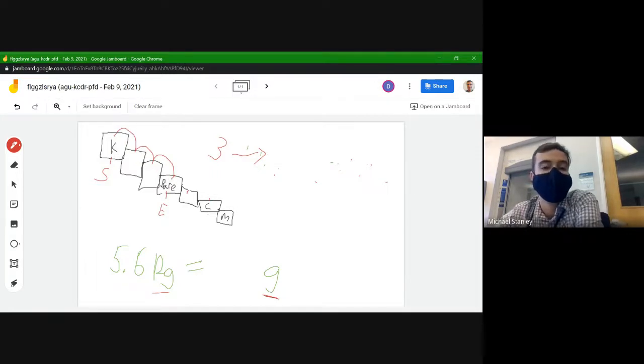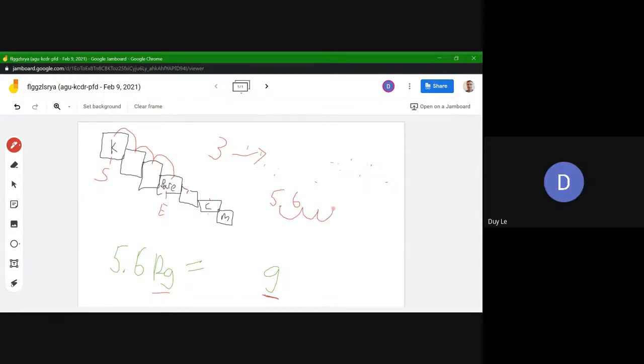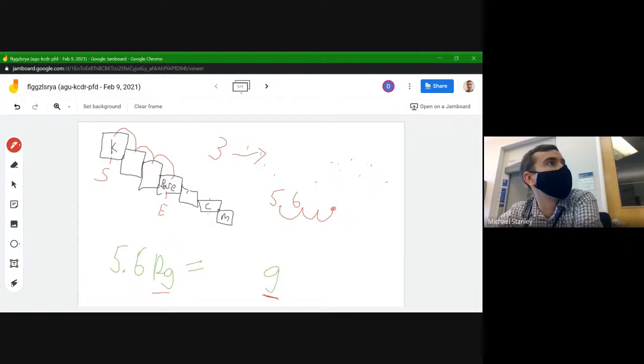So that's what we're going to have to do with our decimal point down here. So if I have 5.6, I'm going to move the decimal point 1, 2, 3 jumps to the right.